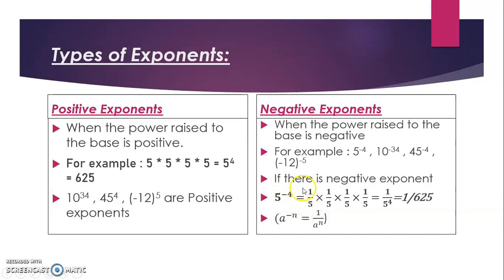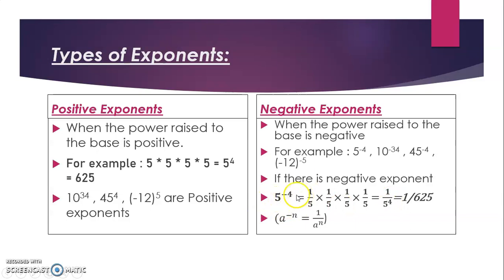You have to take the reciprocal of this number and multiply it as the exponent says. Here the exponent is 4, so you multiply 1 by 5 with itself 4 times: 1 by 5 multiplied by 1 by 5, 1 by 5, and again 1 by 5. So this becomes 1 by 5 raised to the power 4.